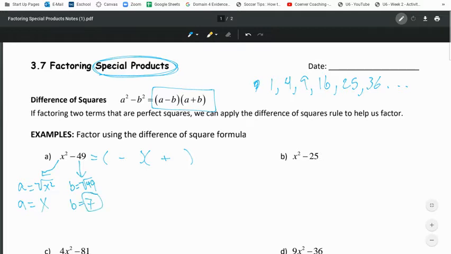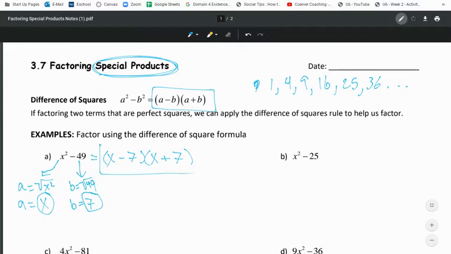These two are the terms I'm going to use to plug into my formula. Where there's an A, I'm going to put x, so there should be an x here and an x there. The B has a value of 7, so there's going to be a 7 there and a 7 there, and I'm done. There is my difference of squares.